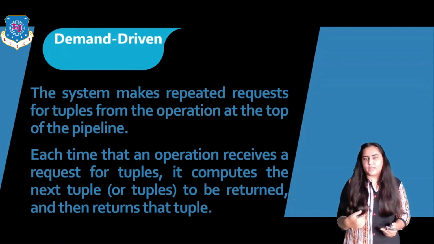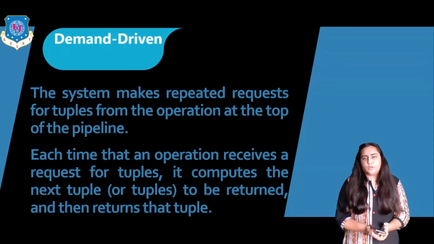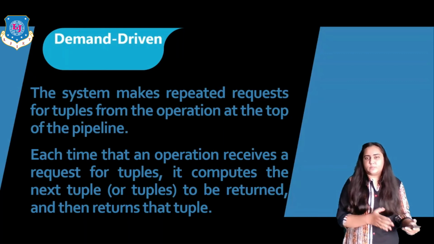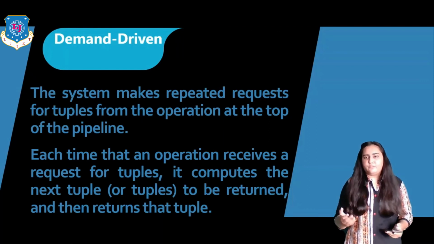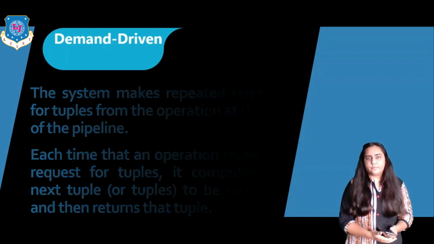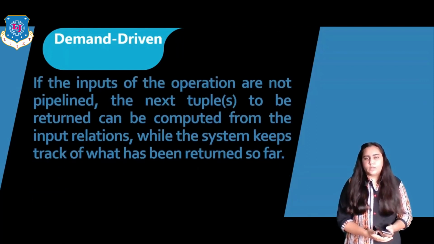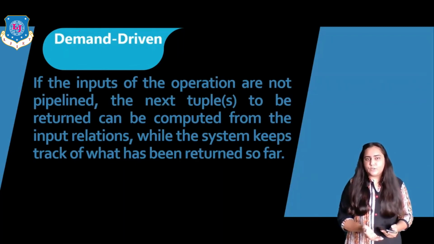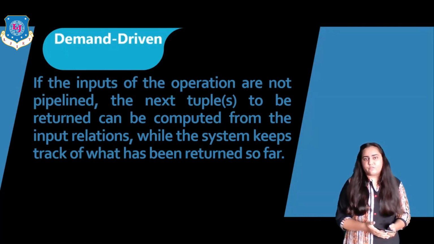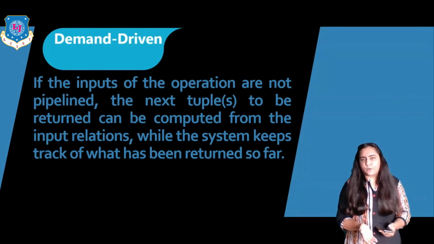So this is almost like a programming language where one function is applied on a tuple and the result is returned to whichever place from where that function call was made. If the inputs of the operation are not pipelined, the next tuple to be returned can be computed from the input relations, while the system keeps track of what has been returned so far.